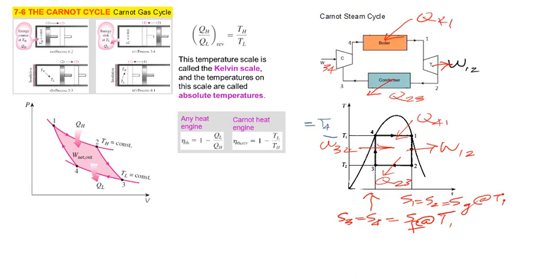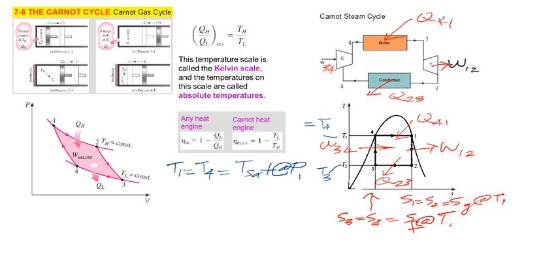Whereas for T2, we can write that T2 is equal to T3. Also, T1, which is equal to T4, is the saturation temperature at the pressure P1, the high pressure side.